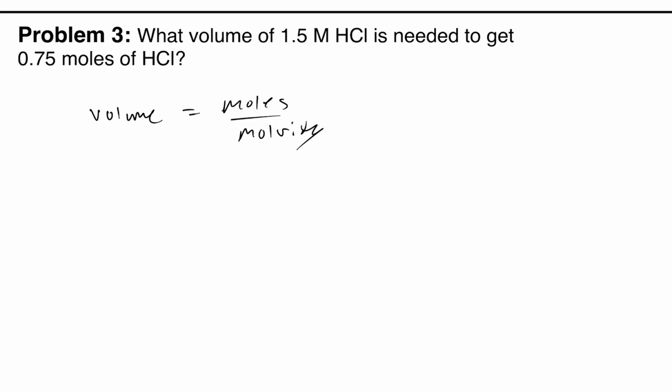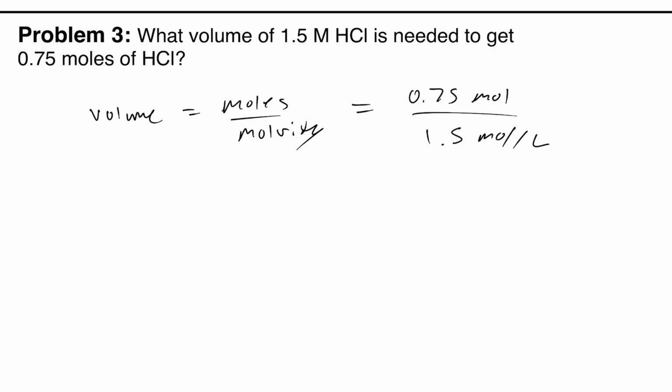Here we can see that we simply switched molarity and volume. So we would have multiplied by volume and then divided by molarity. So that is going to be equal to 0.75 moles over 1.5 moles per liter.